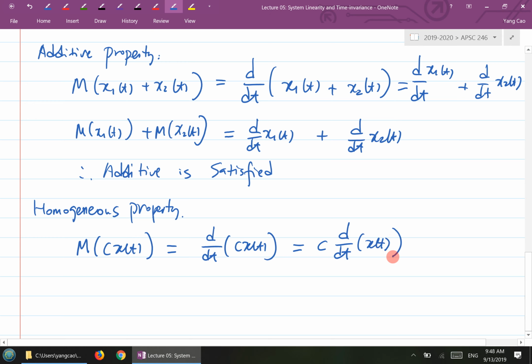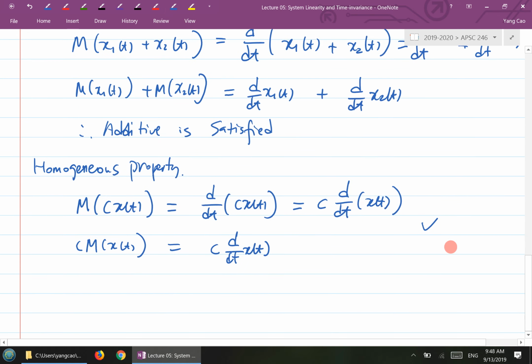So that's the left side of the homogeneous property. And then the right side of the homogeneous property is c times M of x of t, and that is directly just c times dx over dt. So that checked out too. Both checked out. The system is linear.